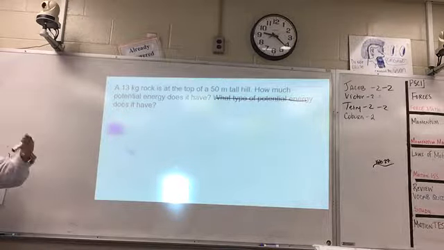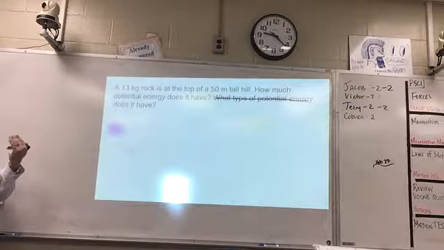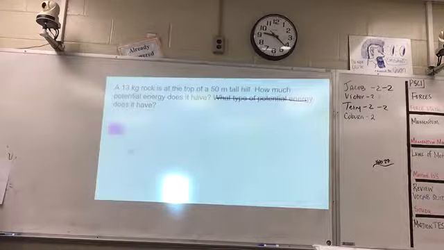Just for people that are still trying to process, we are using potential energy. We're just trying to figure out, are we using the left one or the right one? So hopefully you have not written down KE equals 1/2 MV squared.